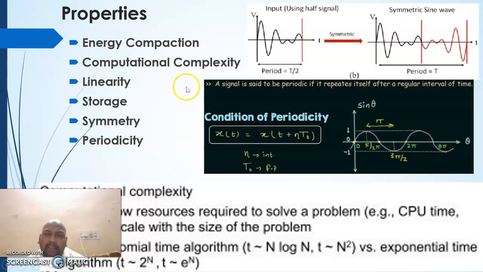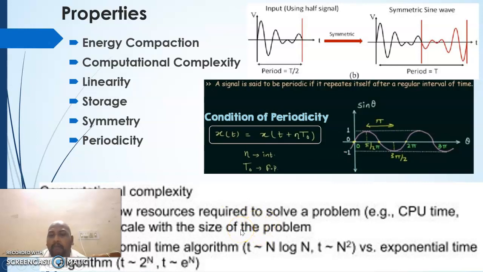Elaborating on these, symmetry can be said as a mirror image. Periodicity means that for a particular interval of time, the same thing will repeat after that interval.